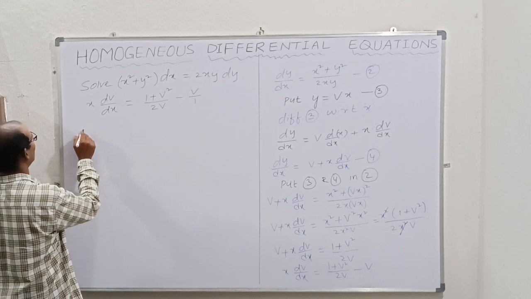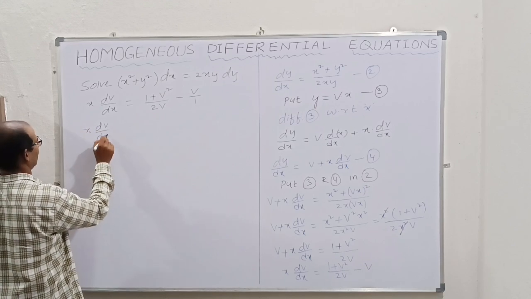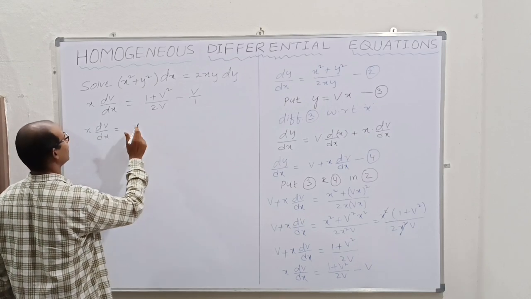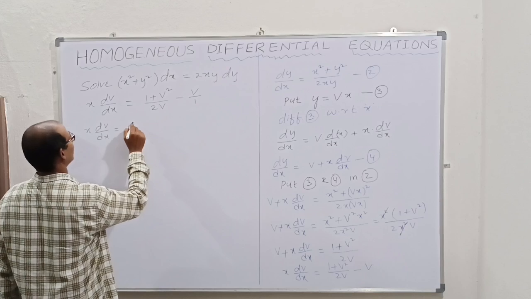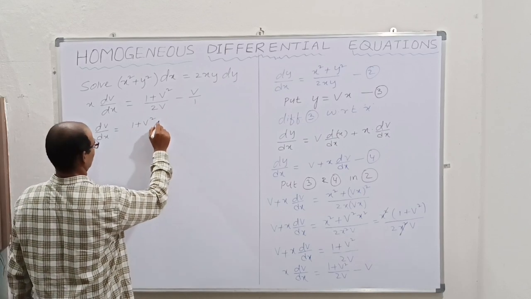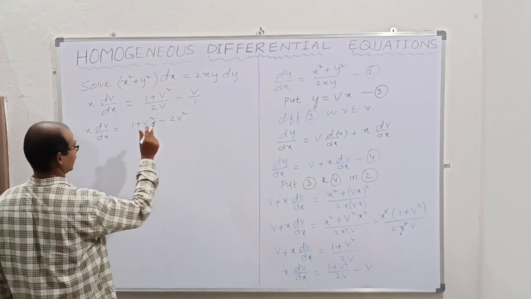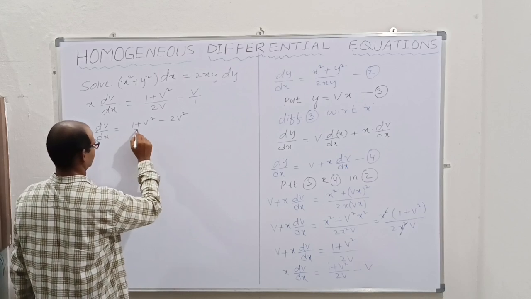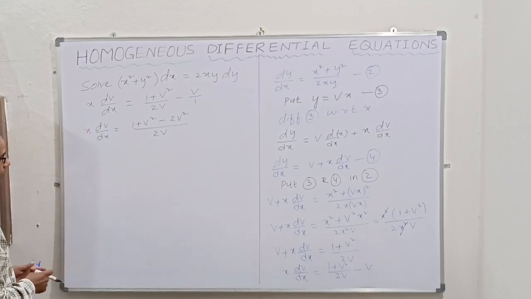So therefore x into dv upon dx is equal to, take the LCM, 1 plus v square minus 2v square upon 2v, right?